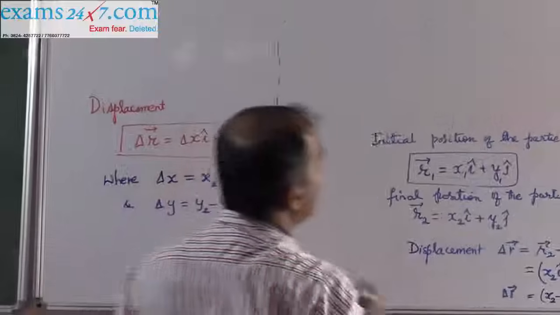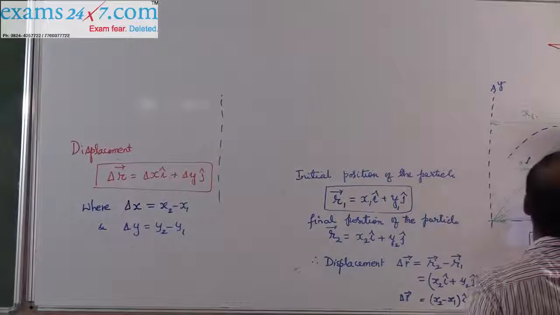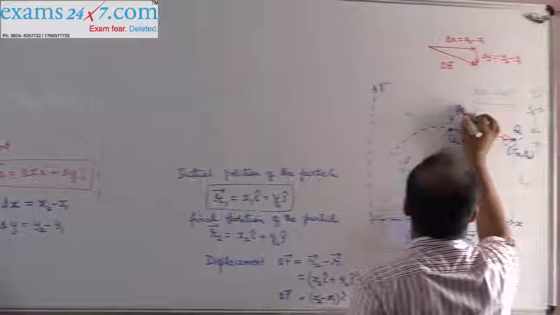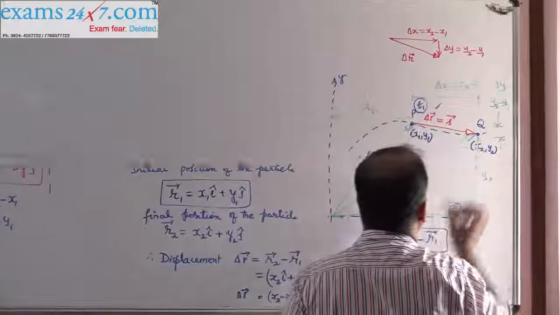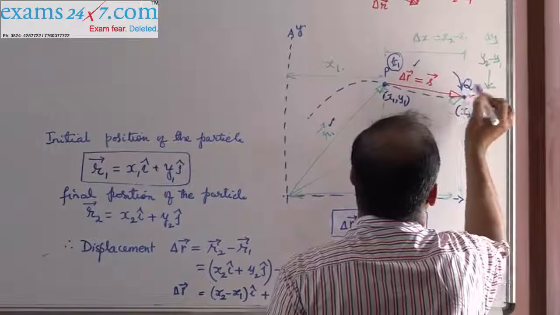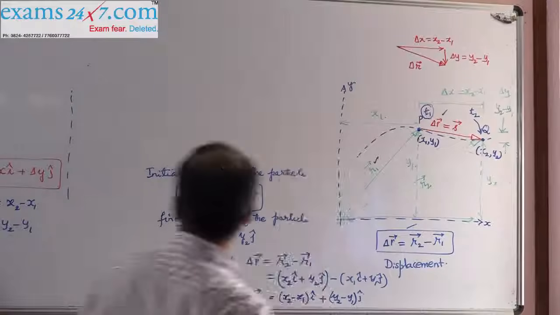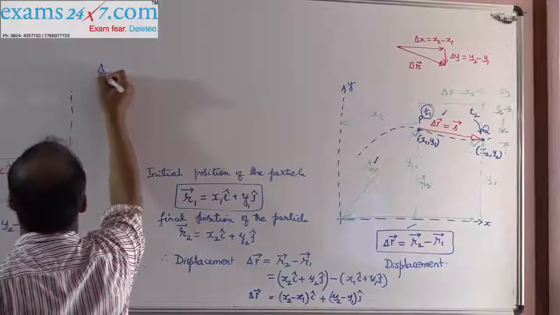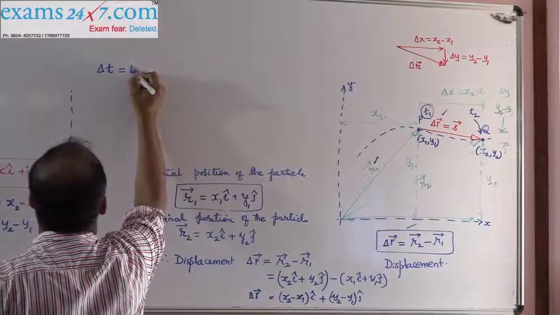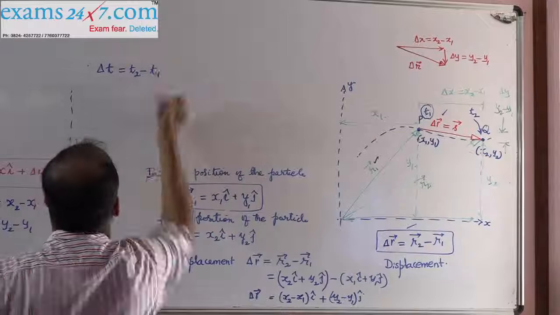Well, now at this point P, at what time instant did the particle pass through this point? Call it time instant t1. At what instant of time did it pass through point Q? Let us call that time instant t2. So how much time elapsed between the two? I call it delta t, which is t2 minus t1.